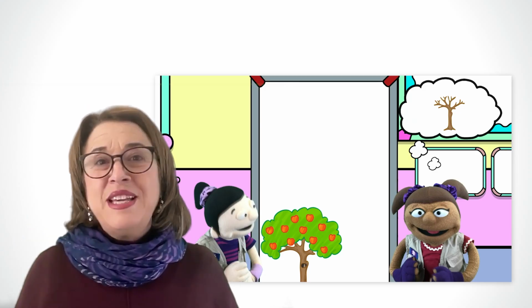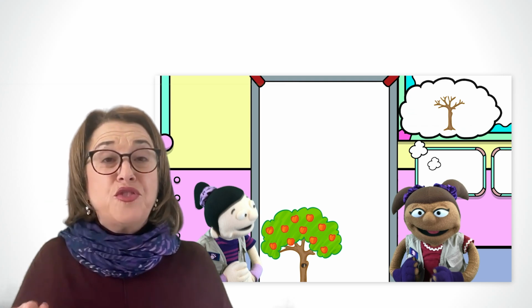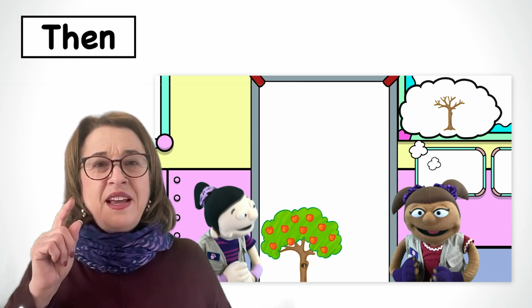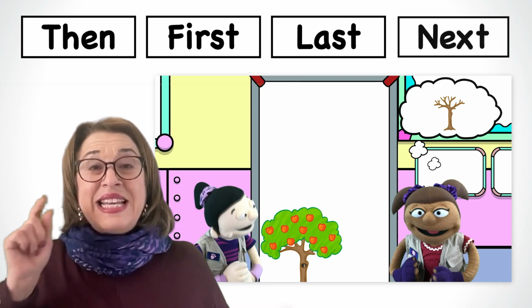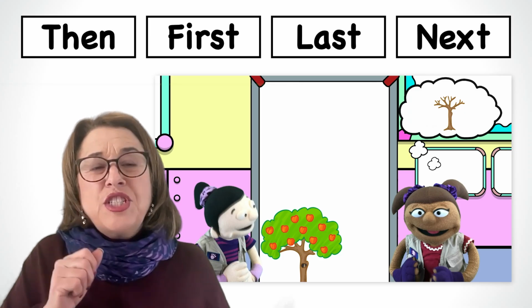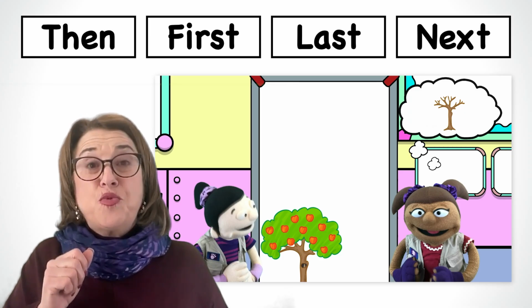Let's choose a sequence word to retell that Kim started with the tree trunk. We have 4 choices: then, first, last, and next. Which sequence word tells us that Kim started with the tree trunk?